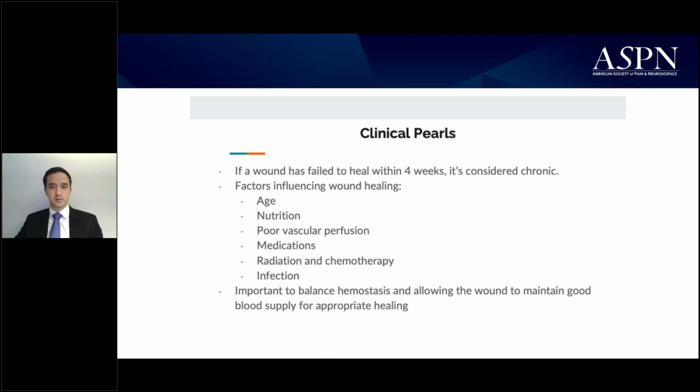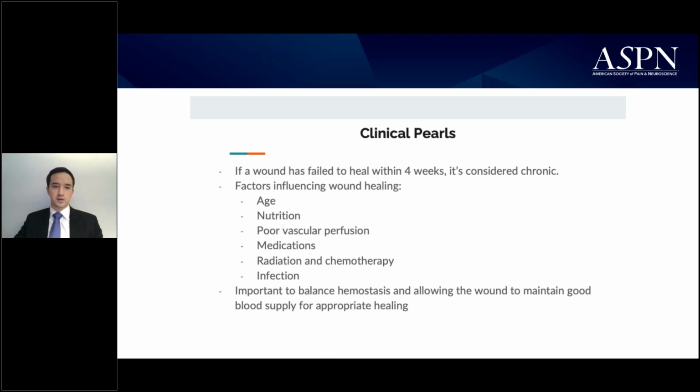Older patients, for example, tend to have weakened immune responses and decreased cell turnover, increasing this risk for delayed wound healing. As you may also recall, various nutritional factors can impair immune function or collagen formation, such as vitamin C deficiency.